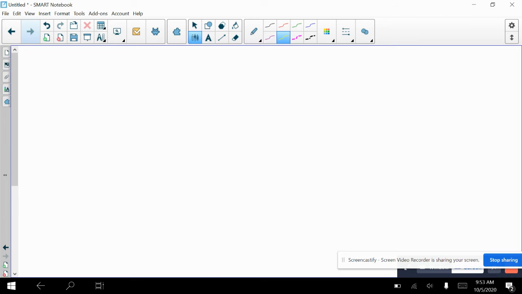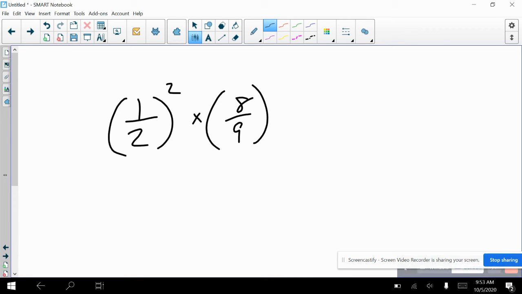All right. What if we have this? One half squared times 8/9 squared. My question is, how many fractions are going to be involved in this one?